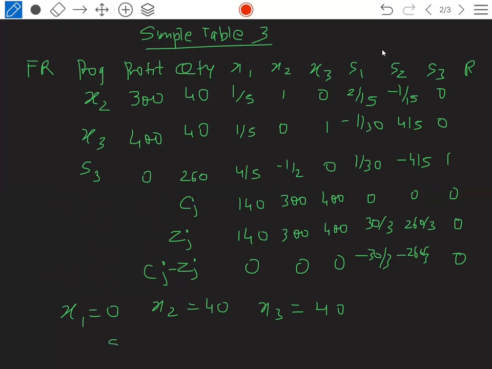We also have S3 as a solution 260, which we know indicates idle resource. So we're going to have 260 units of the third resource idle even at the optimum stage.